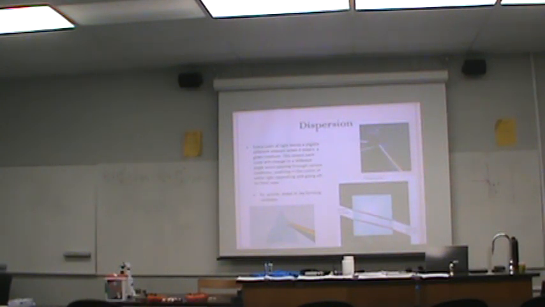But the different colors and different frequencies of light bend enough for this to be noticeable over a large distance. And so what would happen is these rays are going to keep traveling until they hit the edge of the glass again, and now they're going to bend again into air.